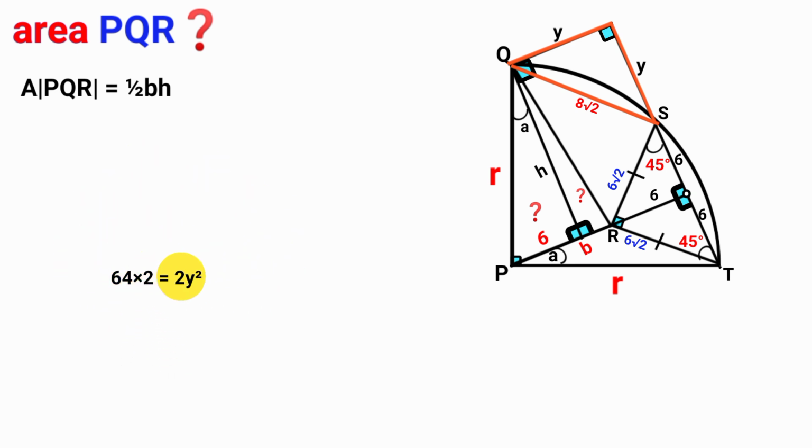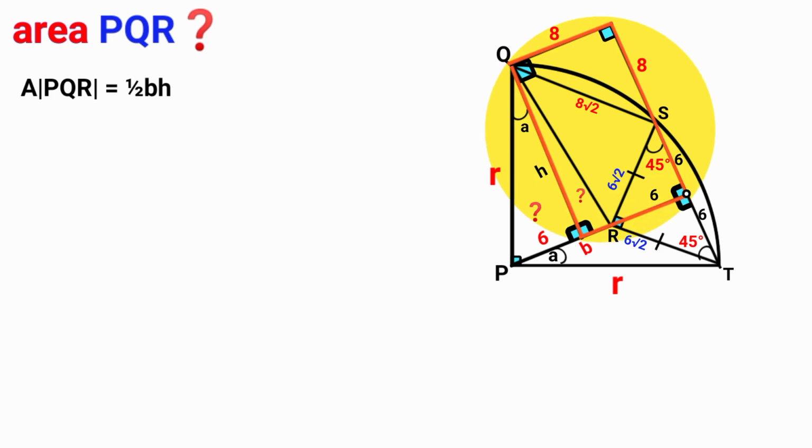This 2 cancels this 2. So 64 equal to y squared. Take the square root of both sides. Here square root of y squared is y, while here square root of 64 is 8. So y equal to 8. That is, the length of this side and this is 8 each.